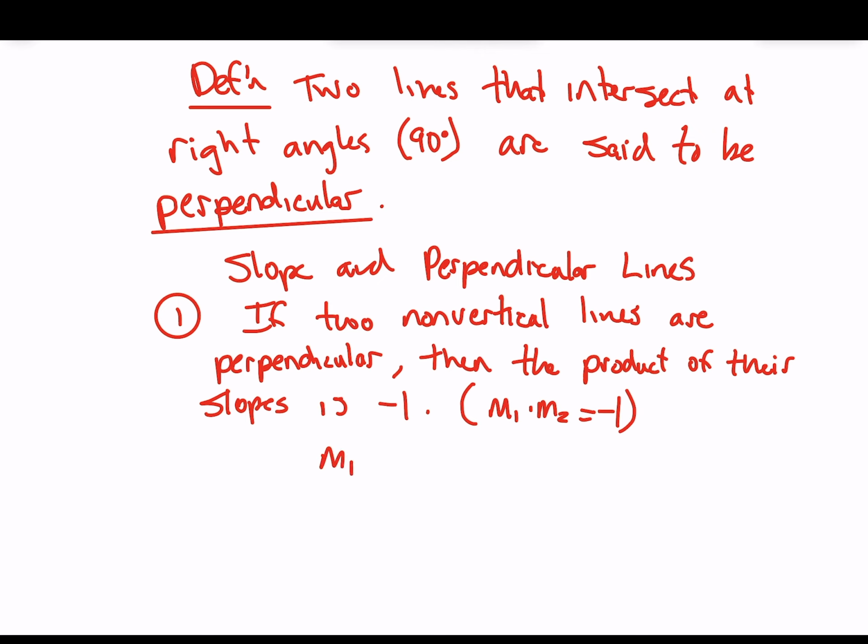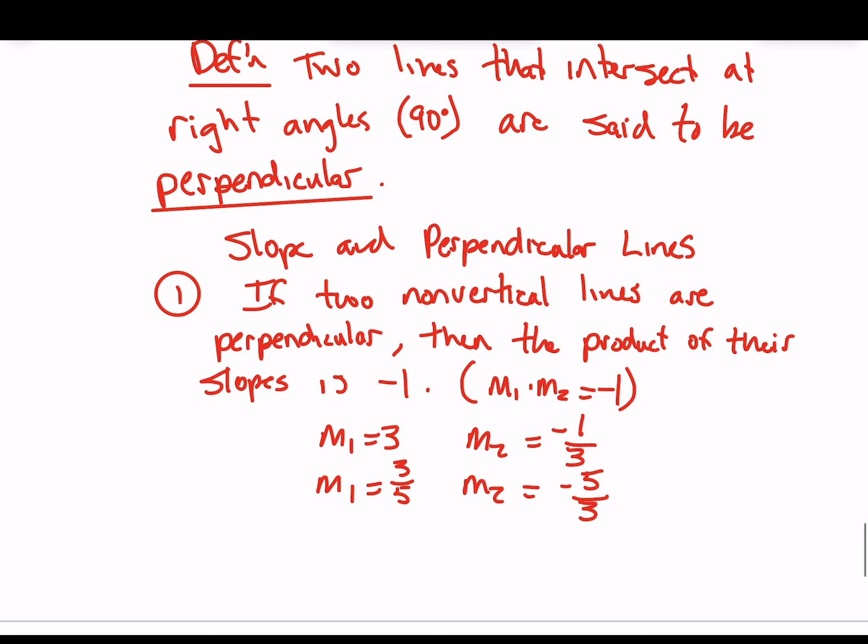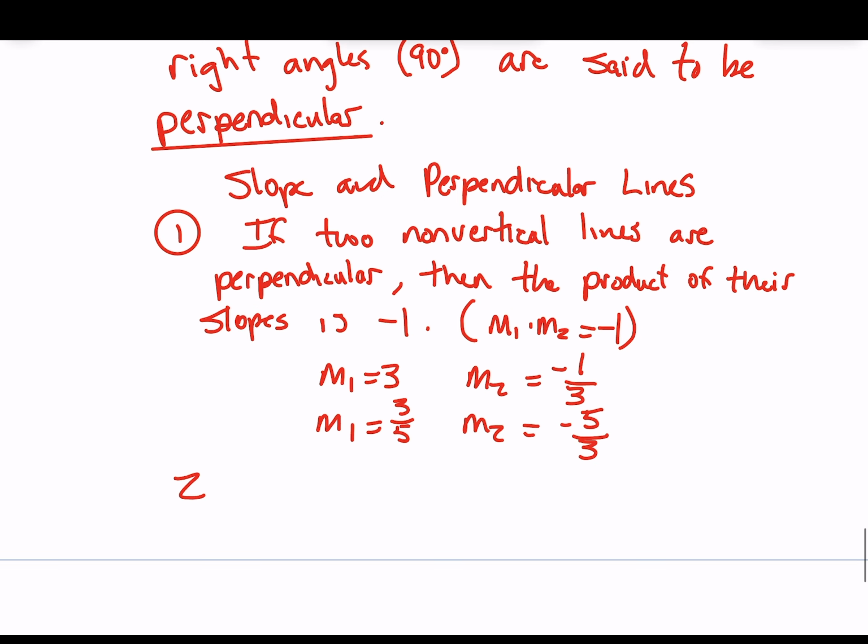So if my slope for M1 was 3, then M2 would have to be negative 1/3 for it to be perpendicular. So if M1 was 3/5, then M2 would have to be negative 5/3. So you change the sign and you flip it. Okay?